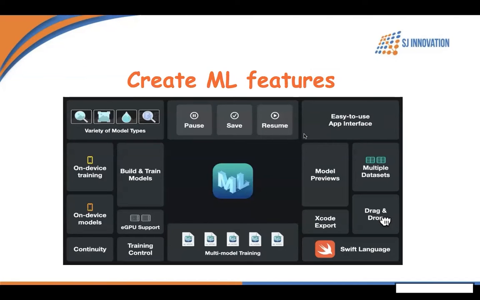Okay, so these are the CreateML features. You can train multiple different data sets organized in a single project. Having full control over training, you can pause, save, resume, and extend your training time, and use eGPU, that is external GPU support, for faster training. You can preview the training outcome directly in your app without any need to use Xcode.